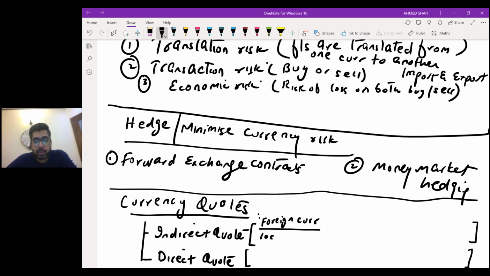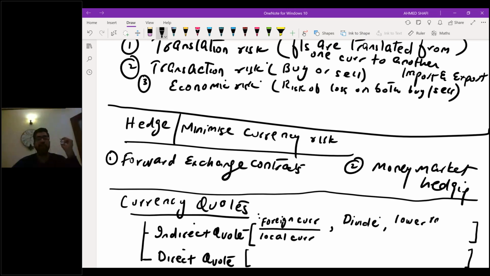In indirect quote, to convert from one currency to another, we always divide. And out of the two rates, the lower rate is always the buying rate and the higher rate is always the selling rate. You must memorize these rules.